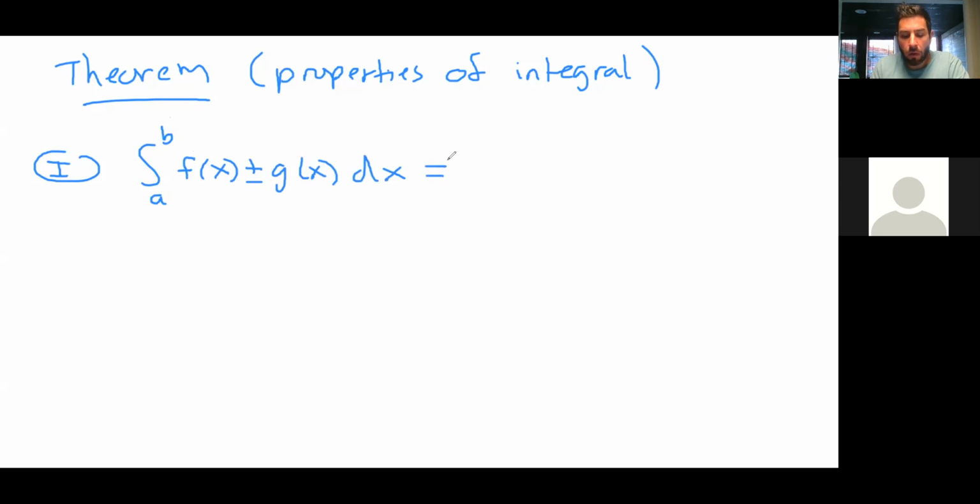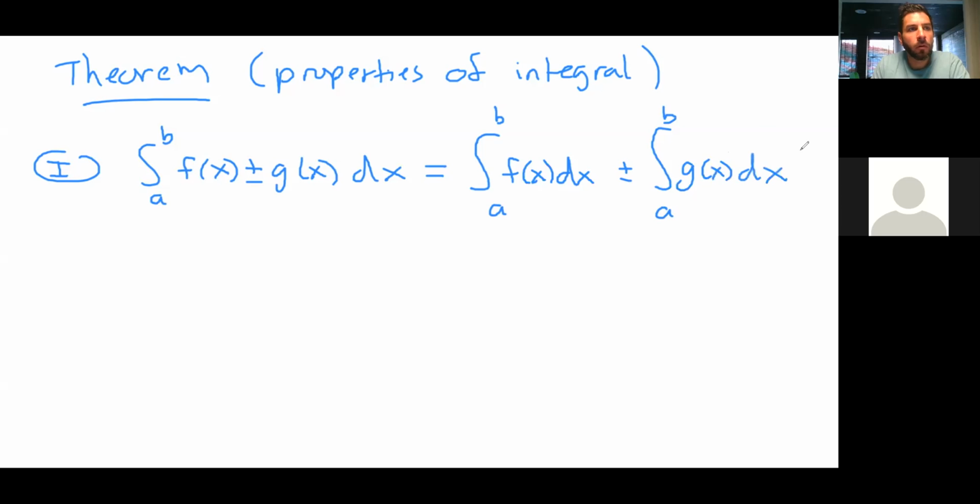Well, as we would hope, it turns out that you can just do each one separately. This is a very, very natural thing that we would hope. This essentially says that if we take two terms instead of one term, we can integrate each one separately.